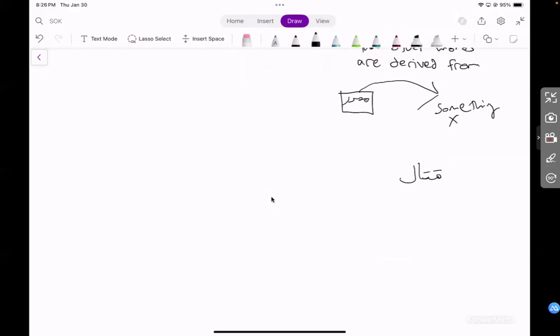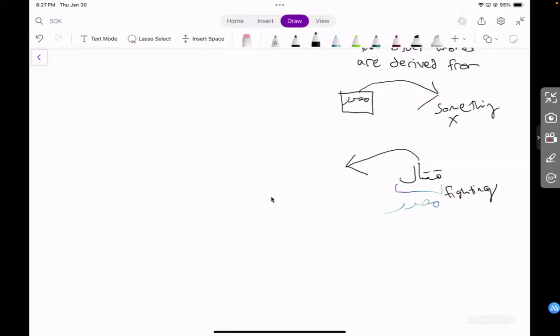Qital means fighting. Now this is a masdar here, right? So this verb right here, this is a masdar. Why is it a masdar? Because there are words that are derived from this.